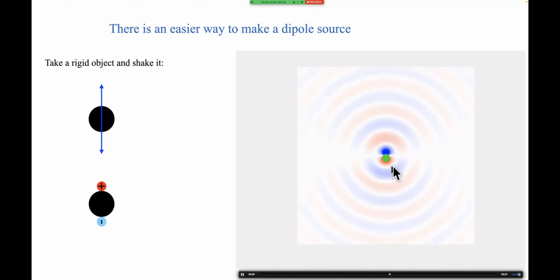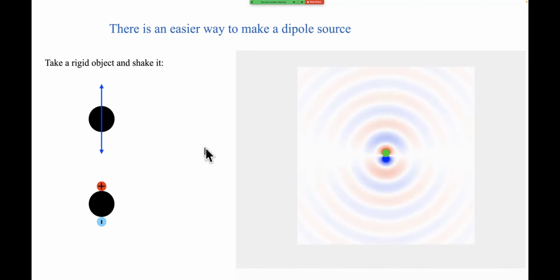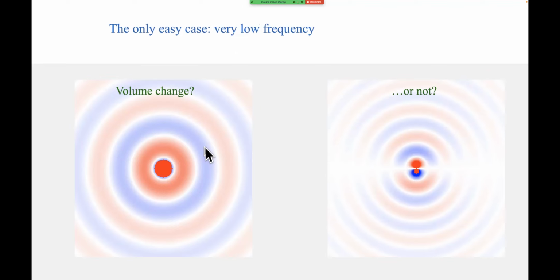Well, rigid objects being vibrated are really rather common. So these two ideas, the monopole field and the dipole field, and dipole fields we generate by this kind of mechanism you see here, that's really important. So if we have a small sound source, remember we're dealing with this case at very low frequency, very long wavelength, much bigger than the violin.